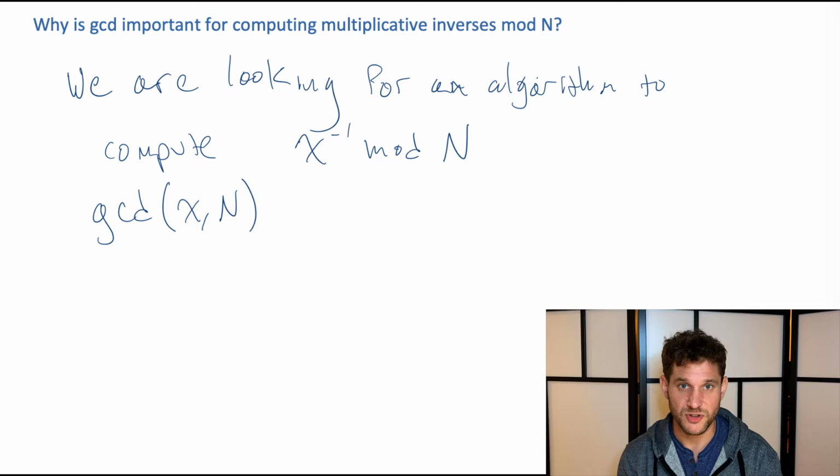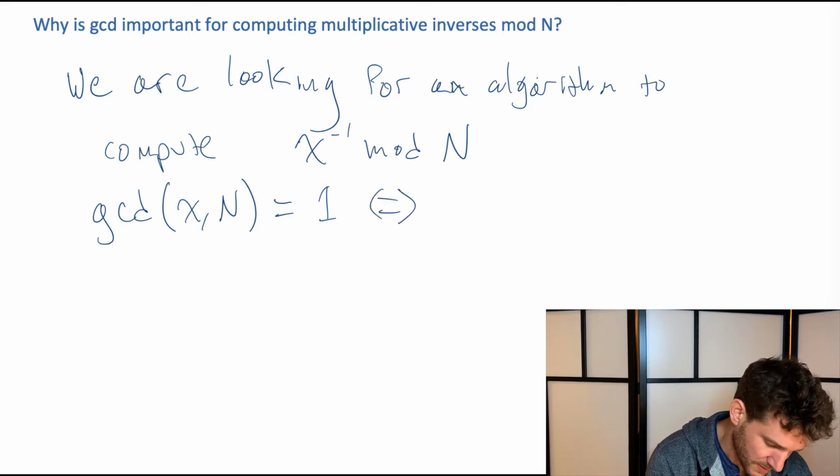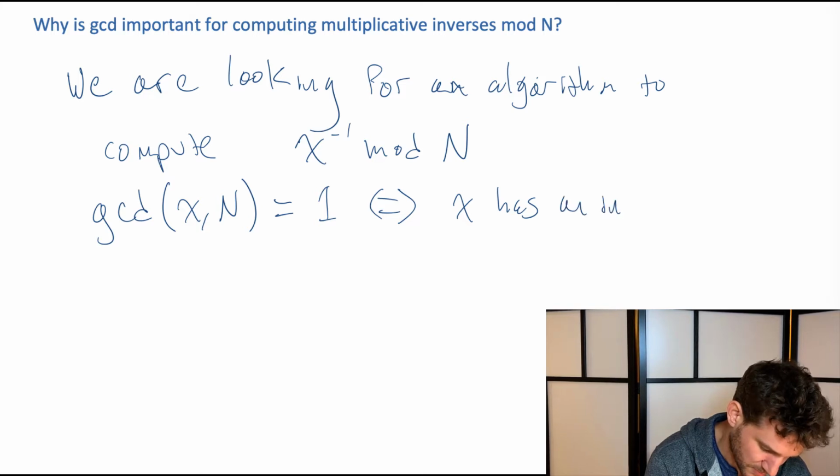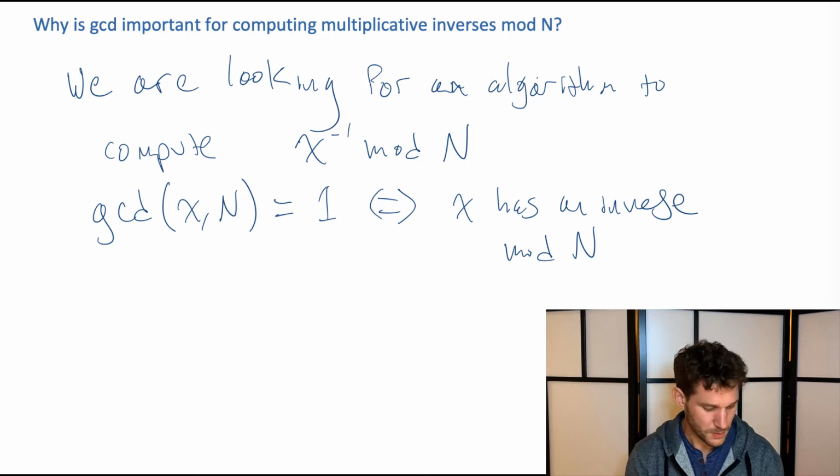Let's say I can compute the GCD of x and n. You may remember that I stated that if that equals 1, that holds if and only if x has an inverse mod n. I told you that in a previous lecture.